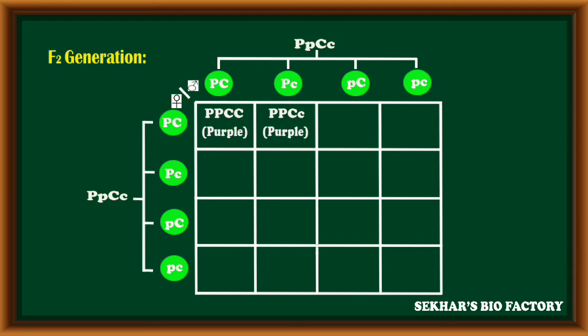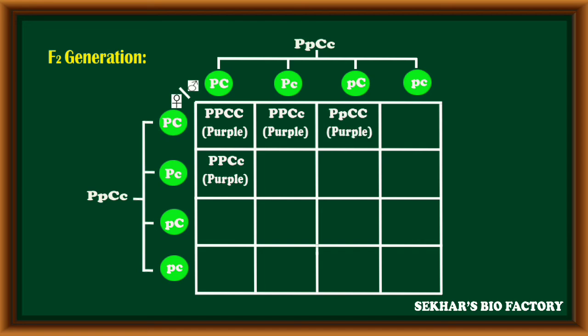The second combination becomes capital P, capital C, small c. Here also both genes have a dominant allele, and the flower color becomes purple. The third combination, capital P, capital C, small c, again becomes a purple color flower.